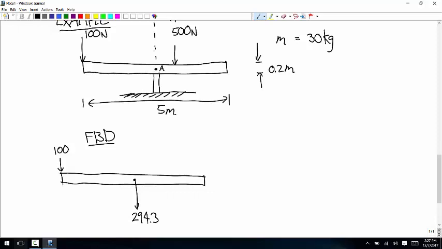I mean, it is a force, but it's not going to produce any moment, so it doesn't matter to us in this problem. I'll put it on here to remember it's there, but it's not going to affect the problem. Not for these rotational problems. And then 500 newtons here.